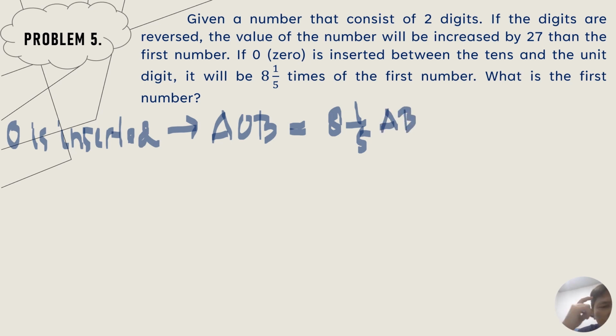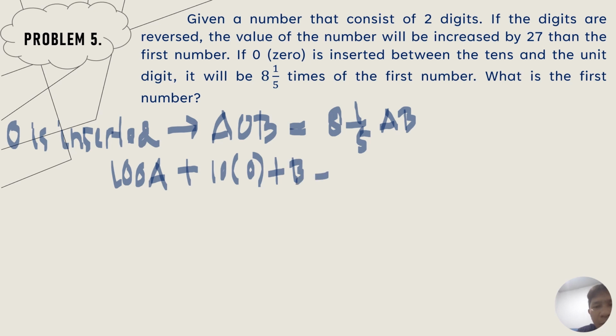According to this, B is for the ones, 0 for the tens, and A for 100. So we can make it 100A plus 10 times 0, because this is 0, plus B equals 81 over 5 times AB.